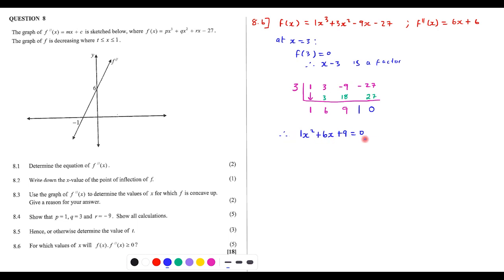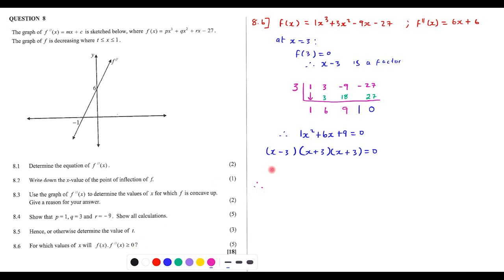So when I factorize this, what do I get? I get x plus 3 and x plus 3, so it's a plus and a plus, right? Then after factorizing this, I take the factor that I've got there, which is x minus 3, and I put it in there. This is basically how we factorize f of x. Now what am I going to do with this? Therefore, I'm going to go into my question.